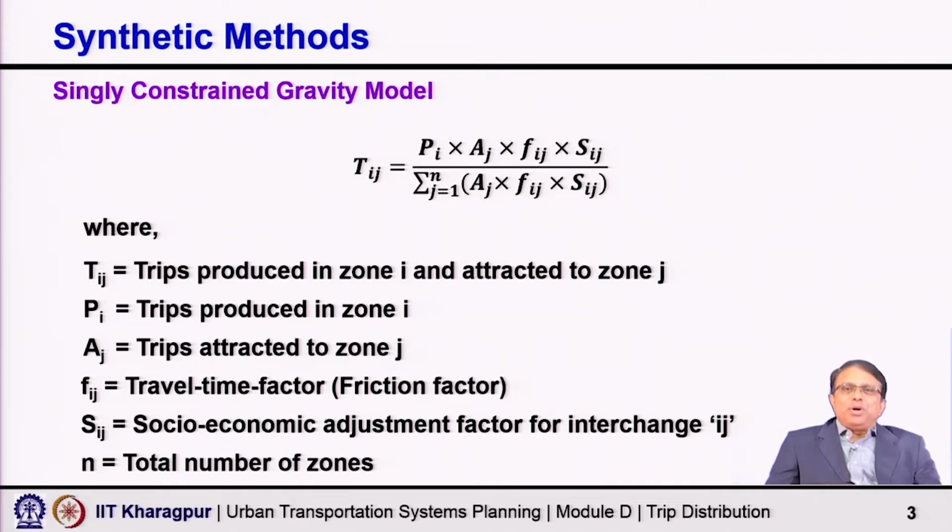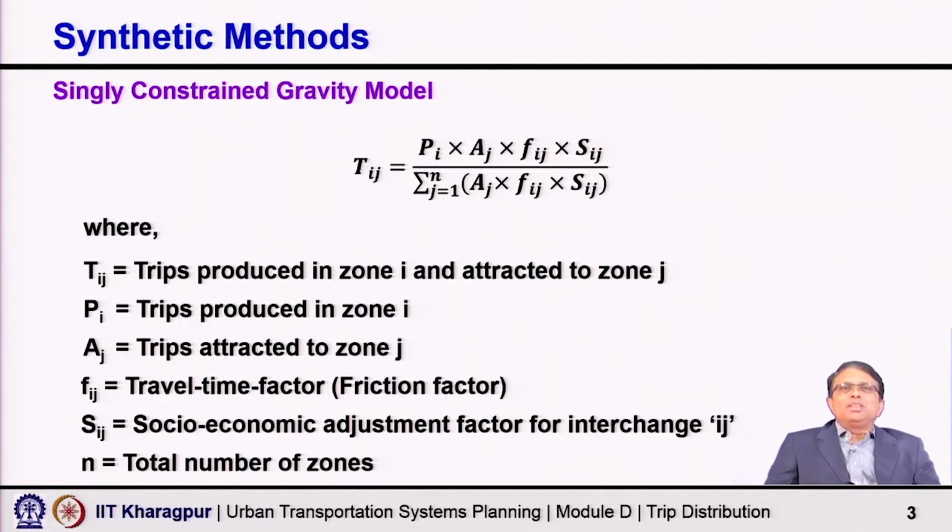The interesting point I was trying to mention is that I can also write this model as an attraction constrained model. It will again be a singly constrained gravity model, but the attraction ends will be constrained. How can I write it? It is not written here, but follow me.